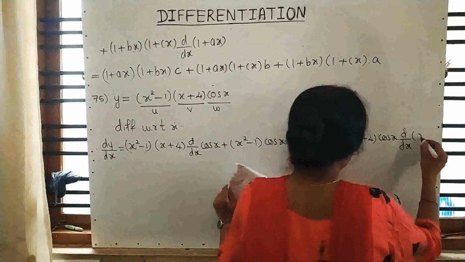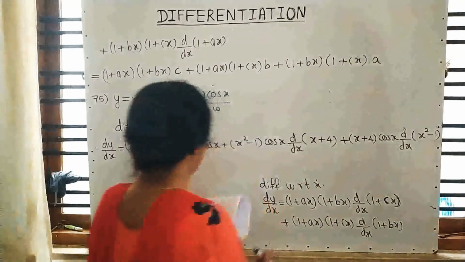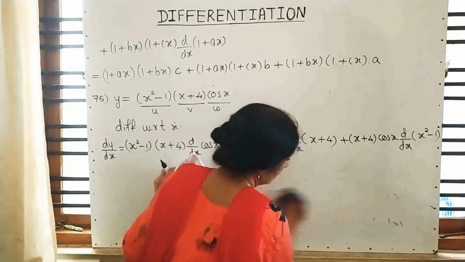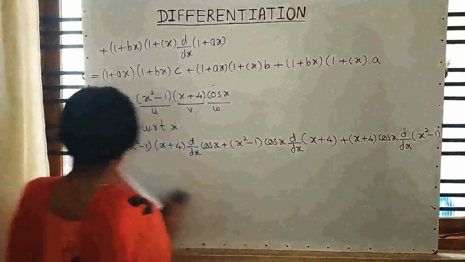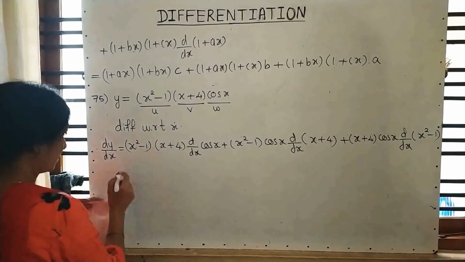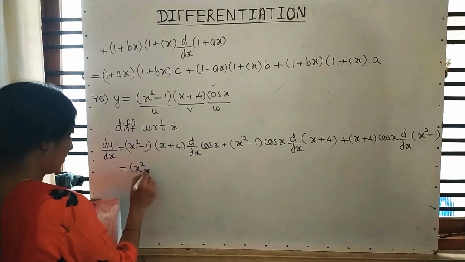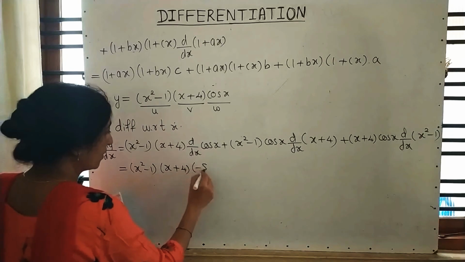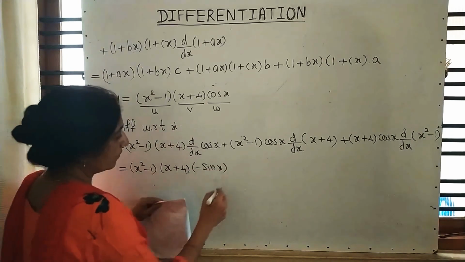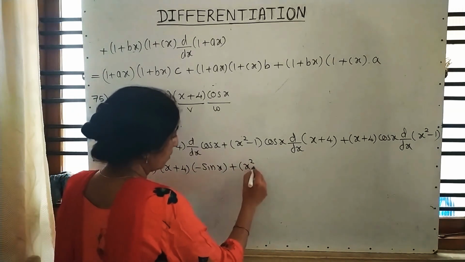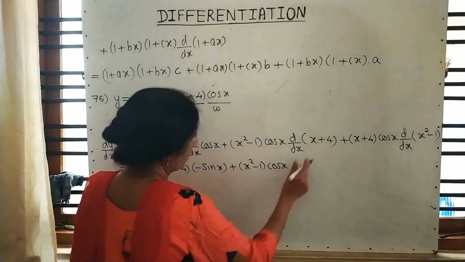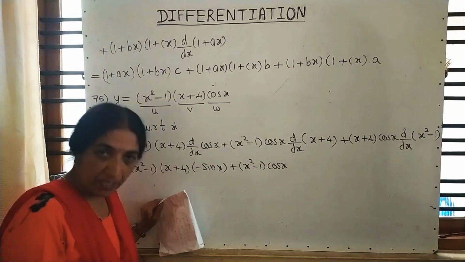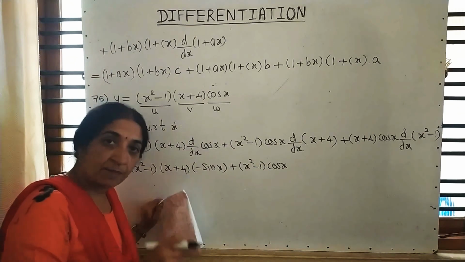differentiation of x square minus 1. x square minus 1 and x plus 4 as it is. Differentiation of cos x will be minus sin x, plus x square minus 1 into cos x as it is. Differentiation of x plus 4 will be 1 because differentiation of x is 1, differentiation of 4 is 0. 1 plus 0 is 1.